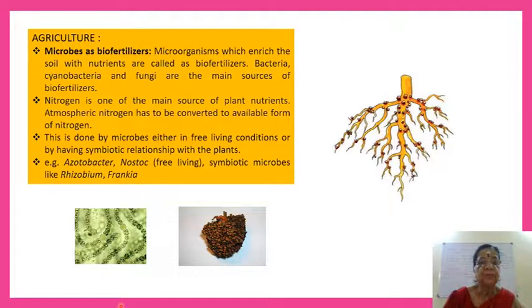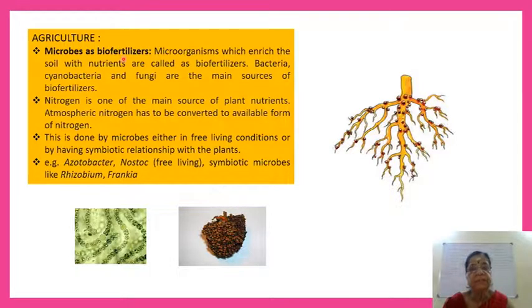What did we study? Agriculture, mainly they are used as biofertilizers. Biofertilizers, these microbes, we have studied that green plants are the producers and they are consumed by primary consumer, secondary consumer and tertiary consumers.